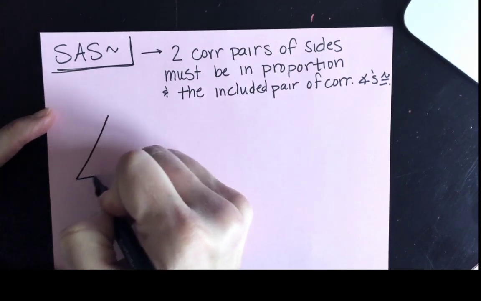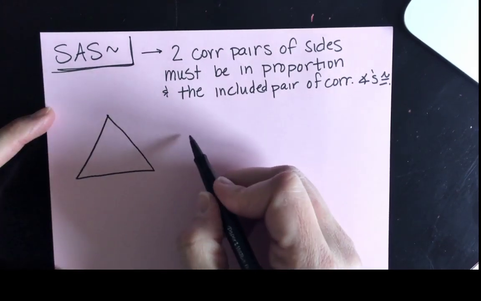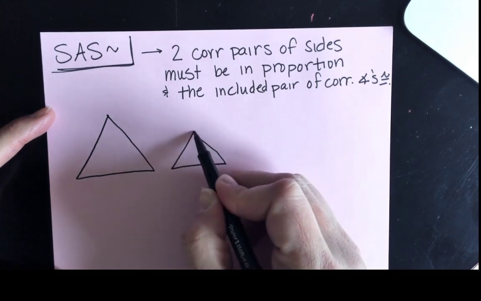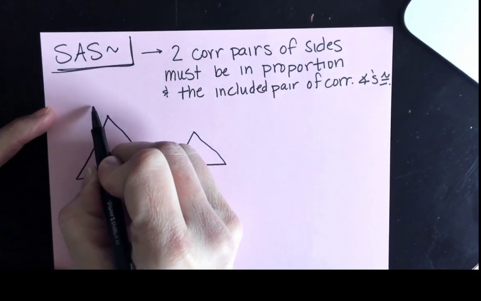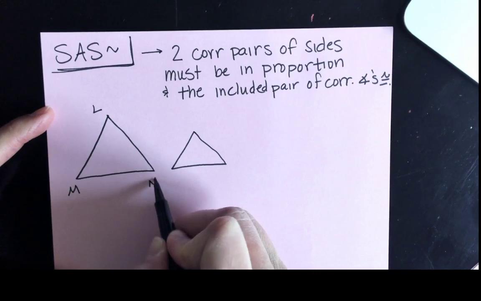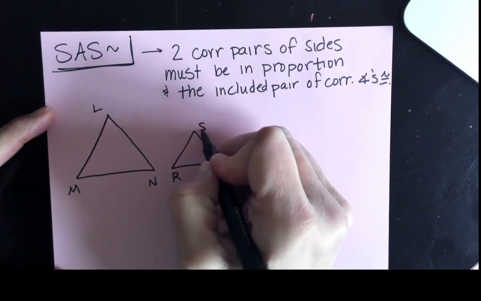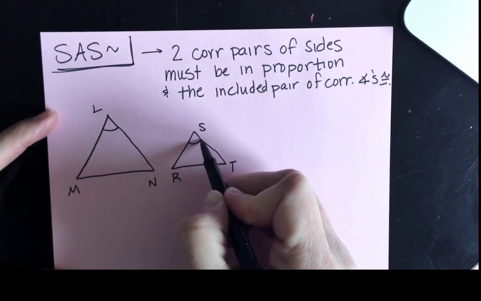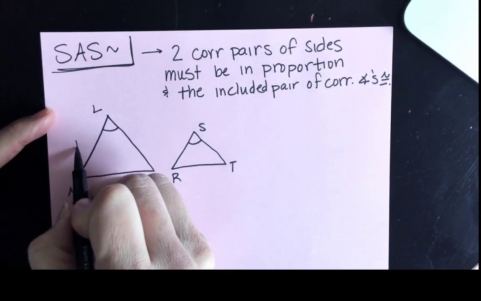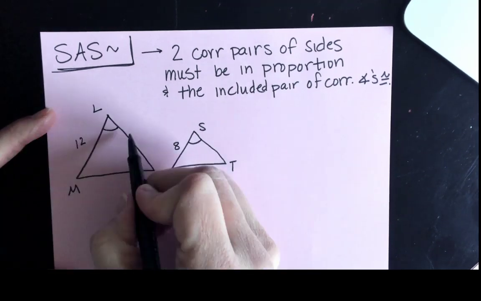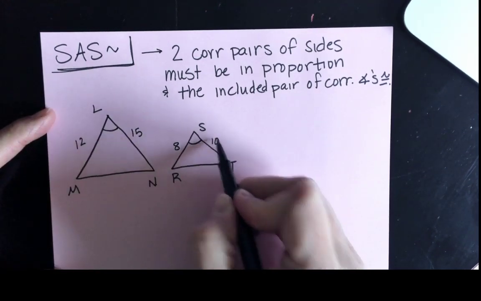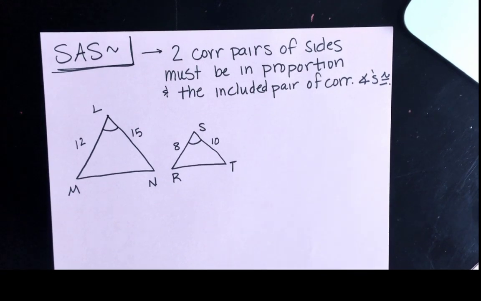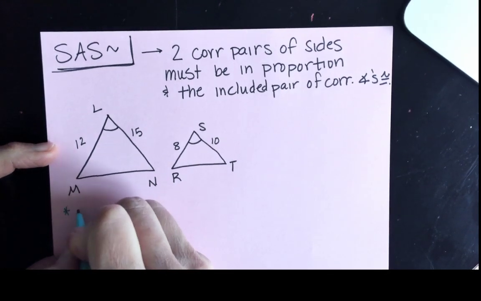So if I look at just another basic diagram, L, M, N, R, S, T, and I tell you that these two angles are congruent. This guy's 12, 8, 15, 10. Now, another big hint is, again, if two sides are given, it's probably going to be side angle side.